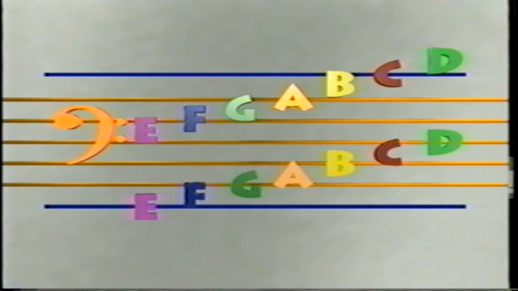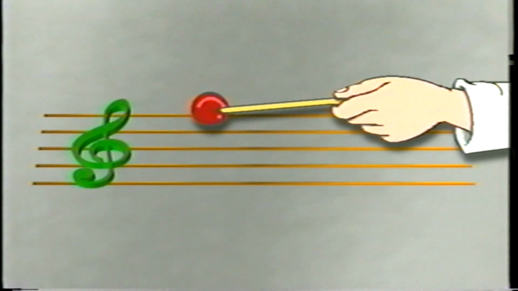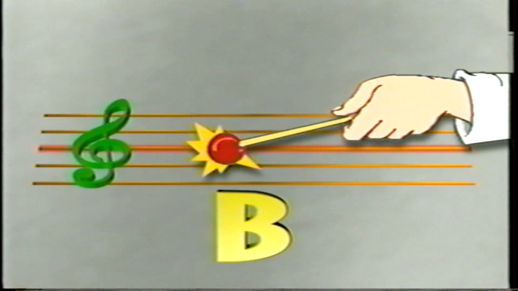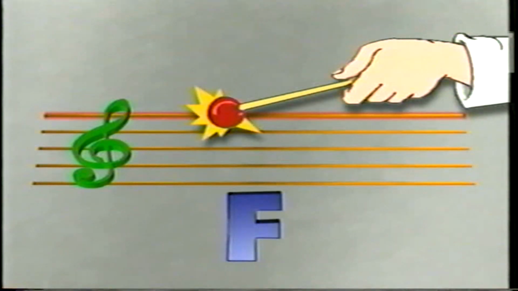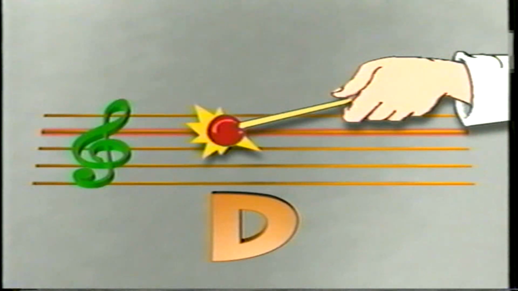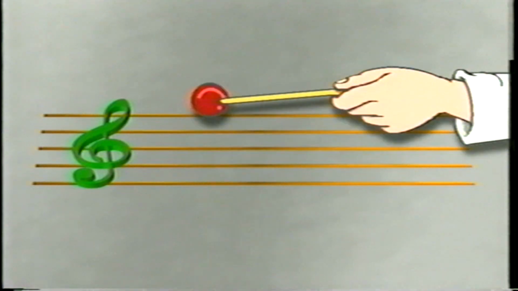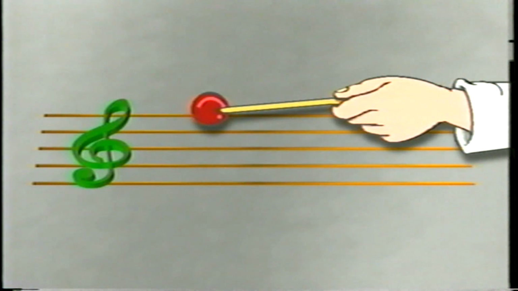Playing the scales is simply a matter of playing each of the pitches on the staff in order. Notice as you move up on the staff, the sounds are higher in pitch, and as you move down, they are lower.